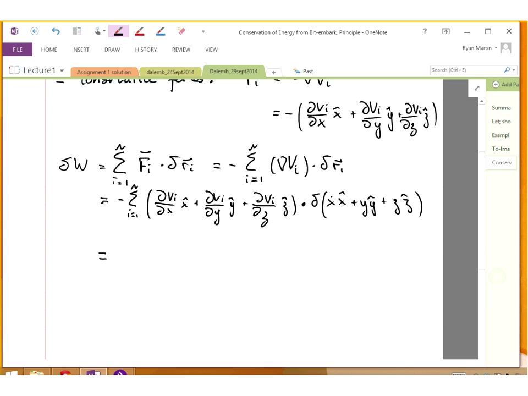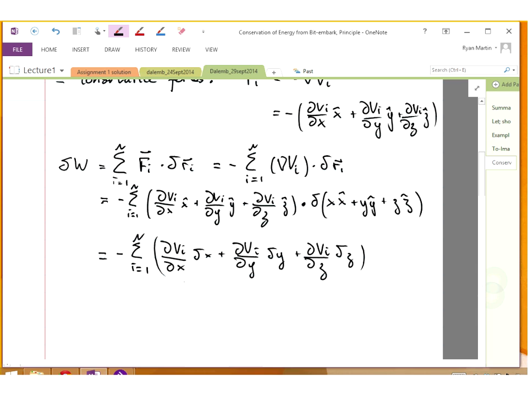If we now do the dot product from this line to the next, we're left with minus the sum i equals 1 to n of di Vi by di x delta x, plus di Vi by di y delta y, plus di Vi by di z delta z. And this is the total variation of the Vi with respect to x, y, and z.